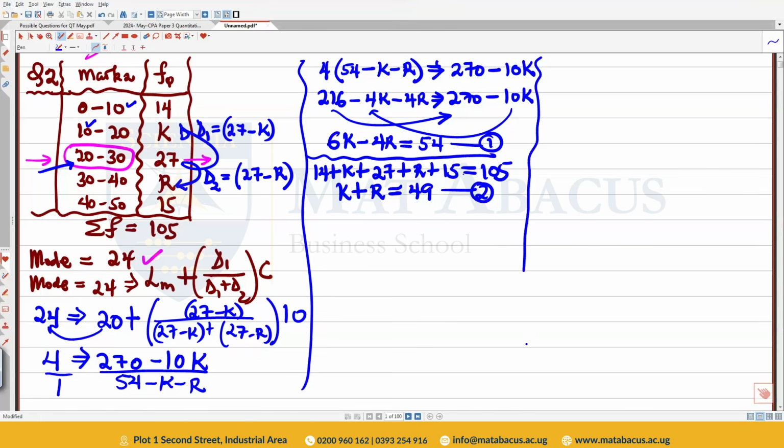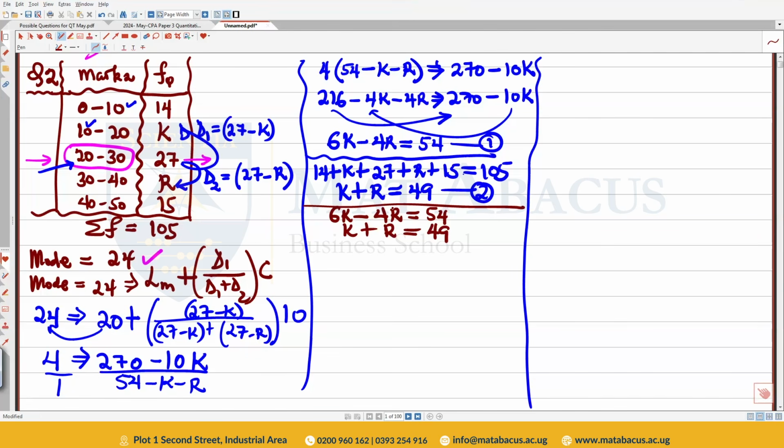So our task in the exam is to solve the two equations simultaneously. You have the right to let R be equal to something, or you can get another way of getting the value. So we have 6K minus 4R is equal to 54, and then K plus R is equal to 49.